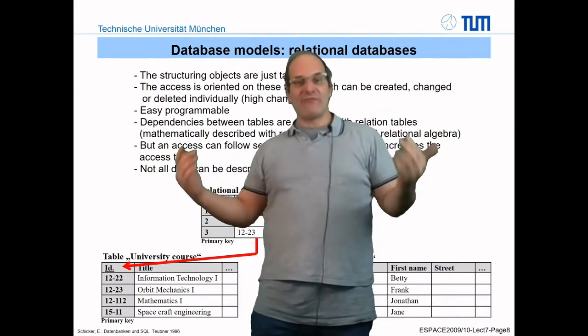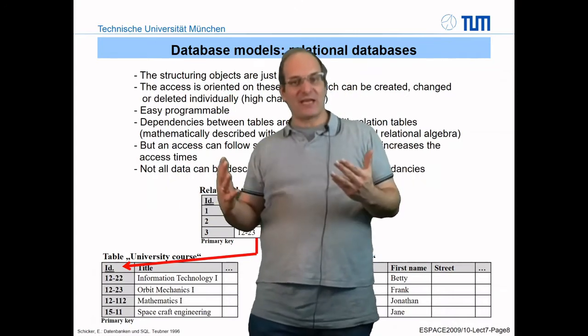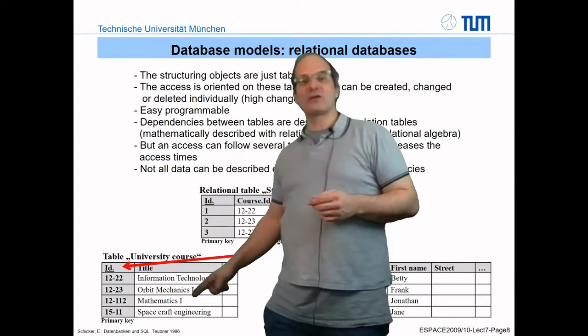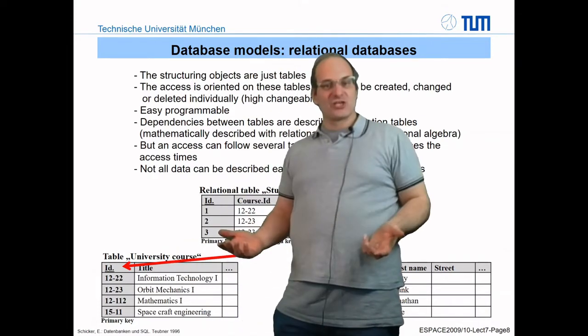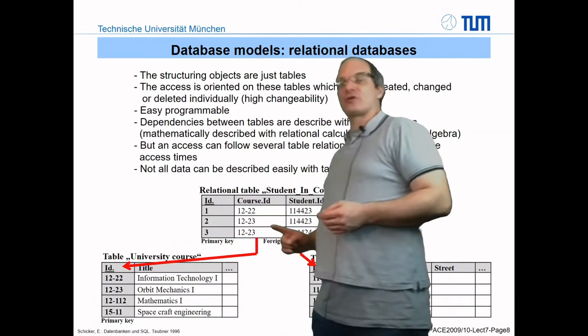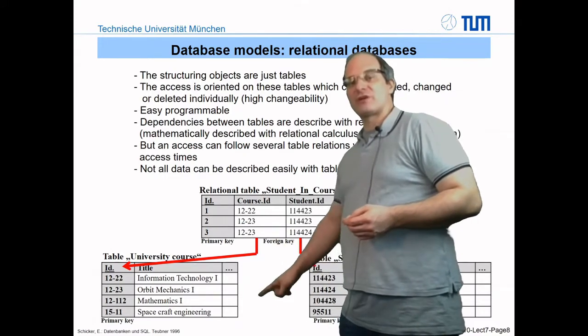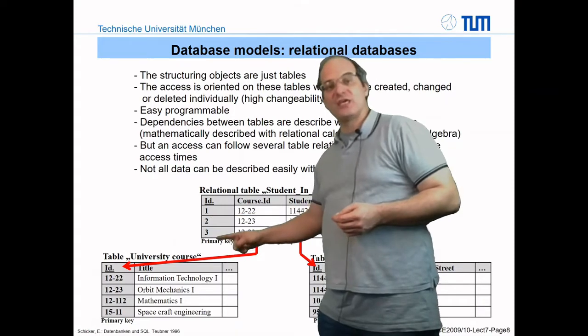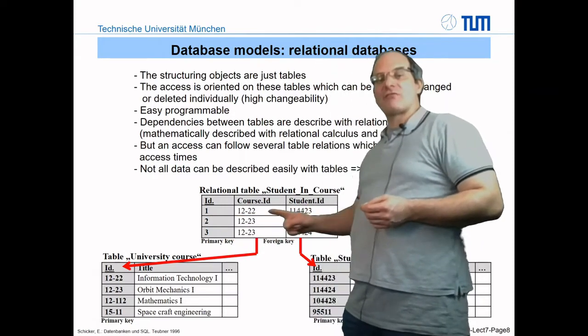So therefore, this is a very simple technique, and therefore the structure of tables where you have a key combined with, for example, additional information, and where you have connections between two different tables, where you just have an additional table which has a new key and combines just the keys of other tables.